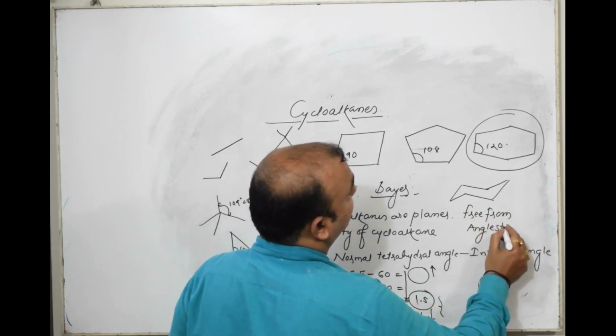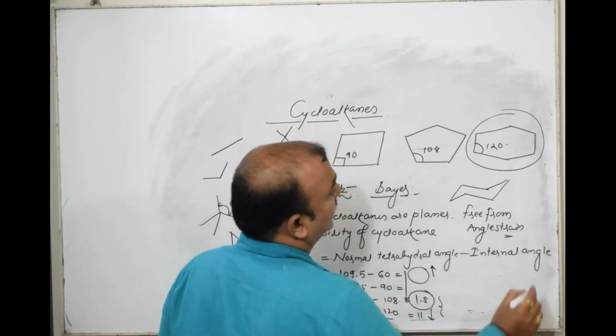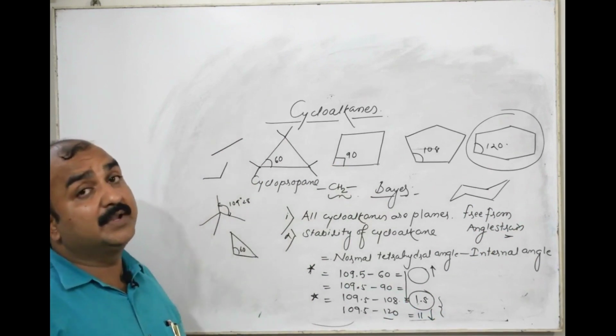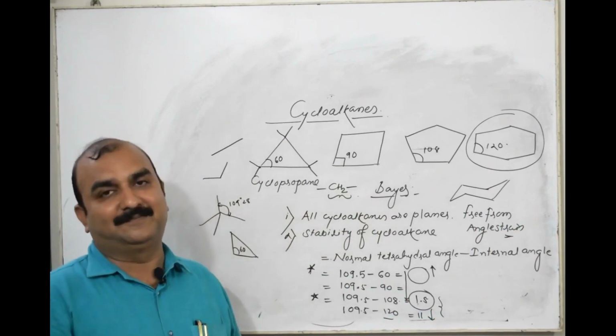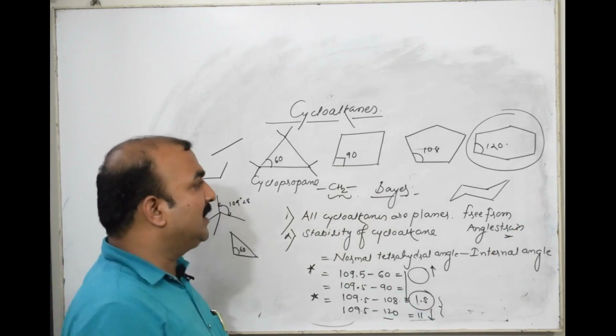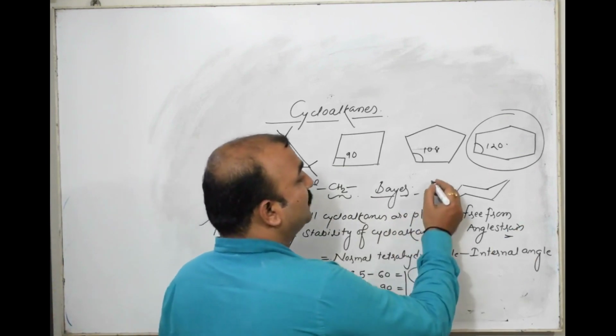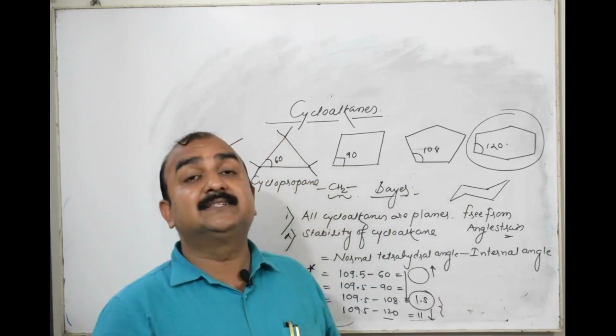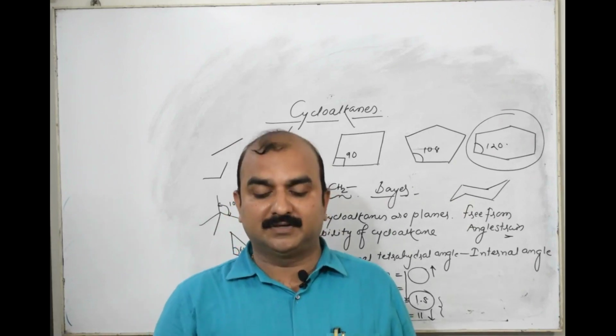Here cyclohexane was found to be more stable, and it exists in different conformations.